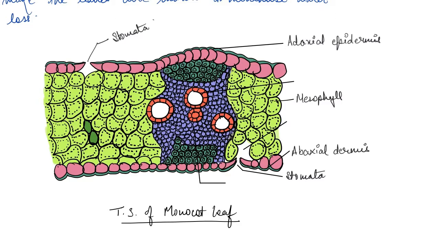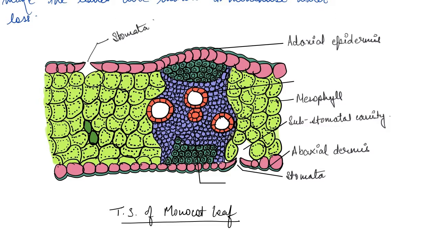Now here if you see again, you have substomatal cavity. And then you can see this complete region. This complete region is nothing but the vascular bundle, right?